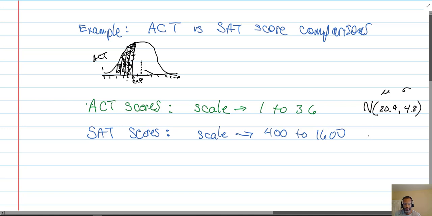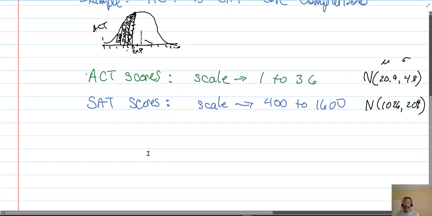For SAT scores, it's also a normal distribution, and the mean score for this particular test in this particular year was 1026, with a standard deviation of 209.